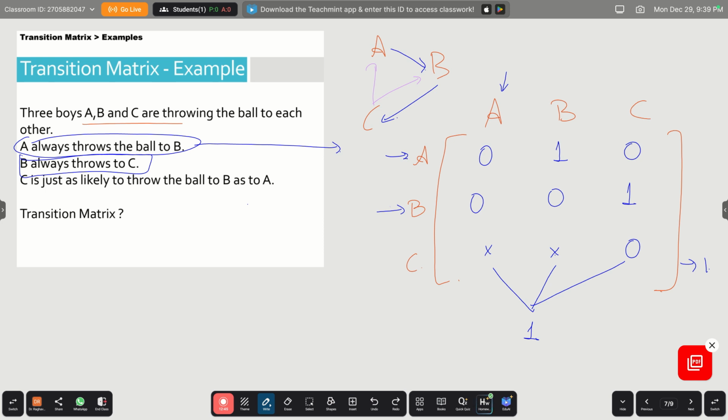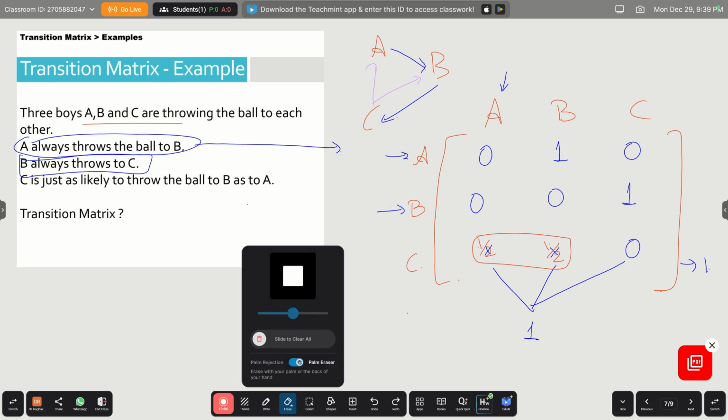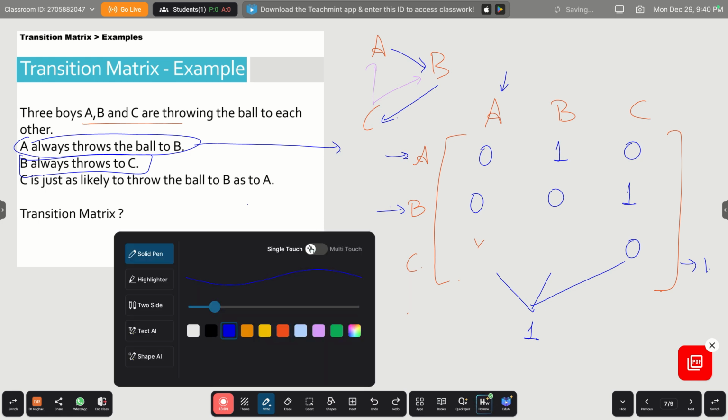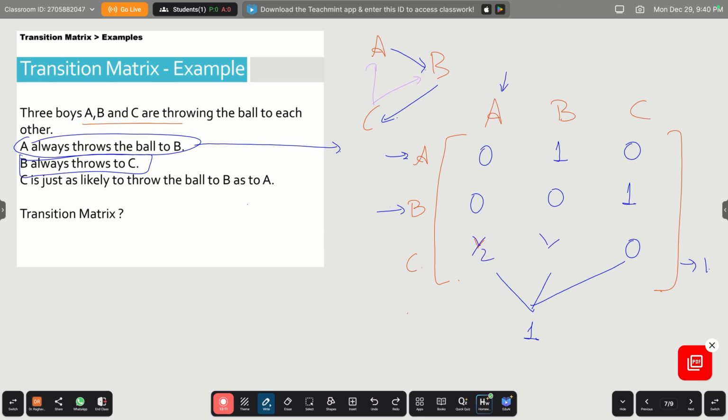This is 1 plus 1, this sum should be equal to 1. That means this is going to be 1 by 2 and this is also going to be 1 by 2. So finally you can complete the probabilities by writing 1 by 2 here and 1 by 2 here.